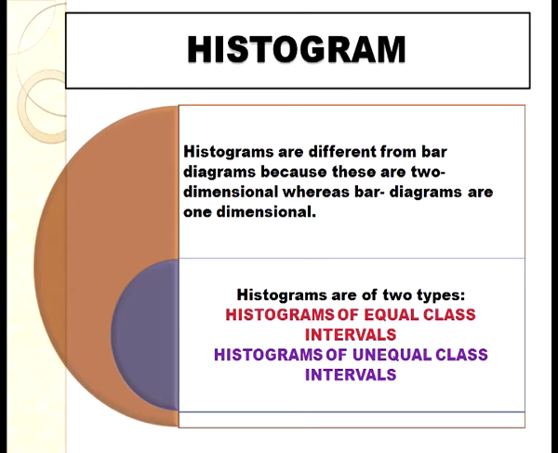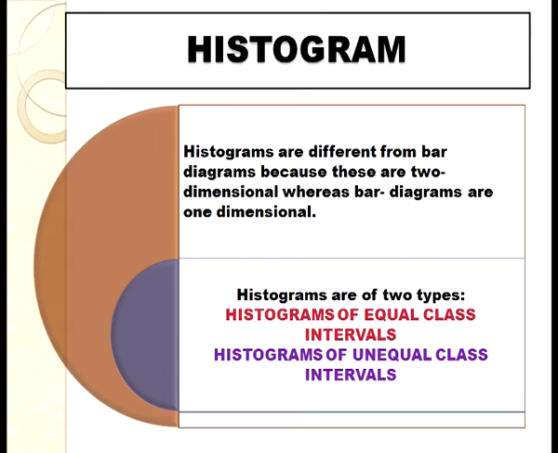Now histograms are different from bar diagrams. Why are we discussing this right now? Because in the earlier chapters we have also learned how to draw bar diagrams. What is the difference between a histogram and a bar diagram? Histograms are two dimensional, whereas bar diagrams are one dimensional. So up till now we have learned two main things. First, a histogram can be drawn for a frequency distribution only, that too for a continuous series.